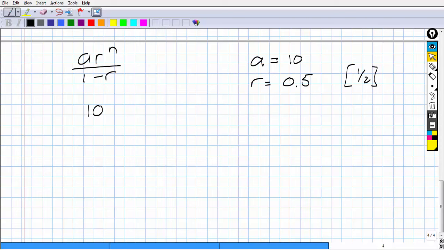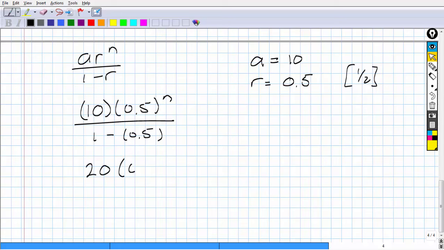So a is 10, r is 0.5 to the power of n, divide that by 1 minus 0.5, and 10 divided by this thing, which is a half, is 20, times 0.5 to the power of n, and that is your final answer. Okay, and that's it. Simple as that.